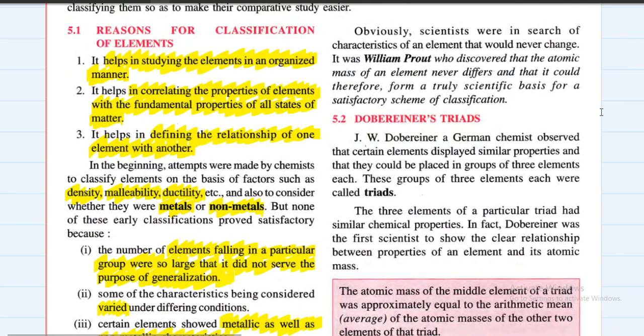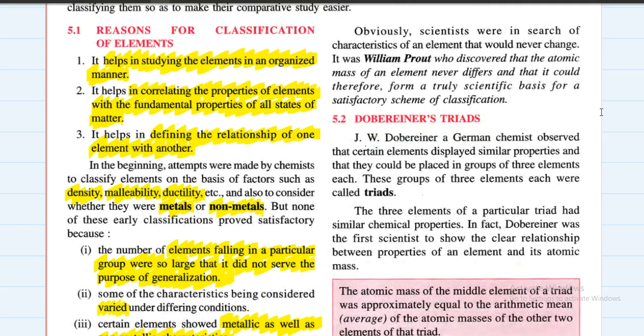William Prout discovered that the atomic mass of an element never differs, and that it could therefore form a truly scientific basis for a satisfactory scheme of classification. So it was William Prout who suggested that atomic mass should be the basis of classification. Although now we know that he was not necessarily correct, and there is a far more fundamental property of an element which is now used for classification, which is atomic number.